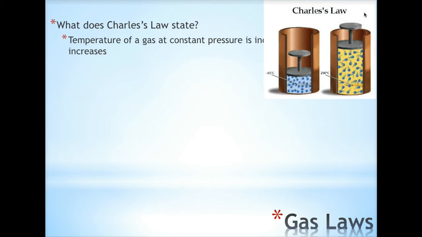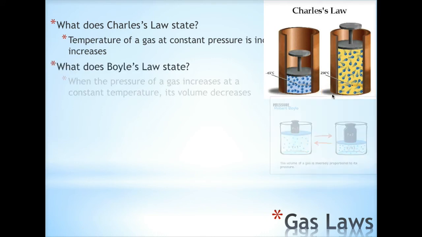As you look at the picture here, you can see an increase in the temperature from the left side, which is negative 65 degrees Celsius, to the right side, which is 250. That increase in temperature didn't increase the pressure, and you can see that those molecules have more room here on the right-hand side. The pressure stayed the same.